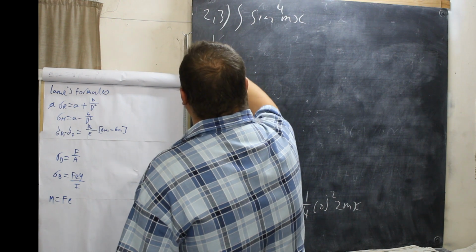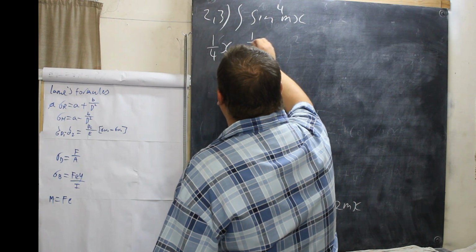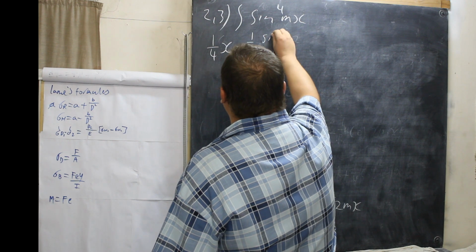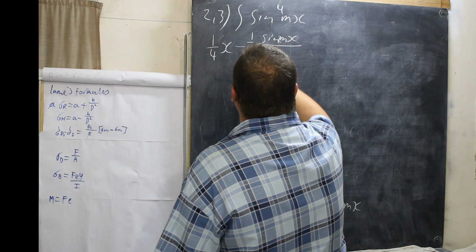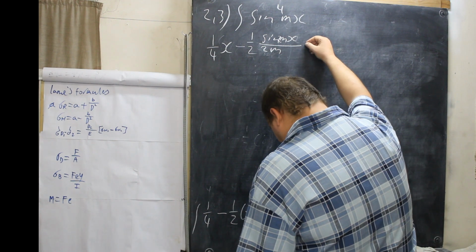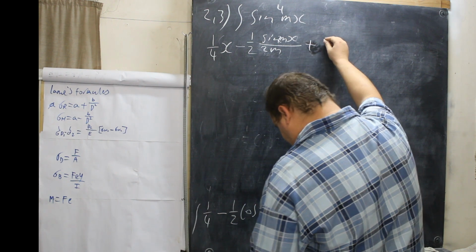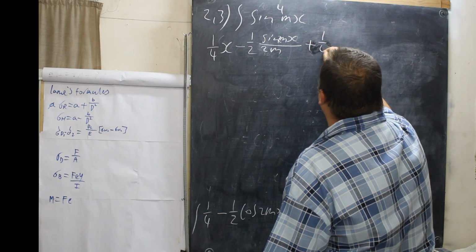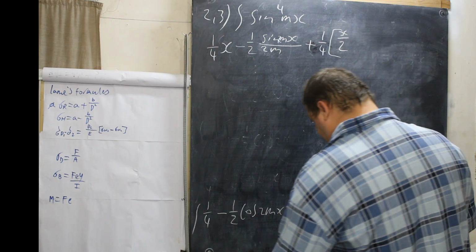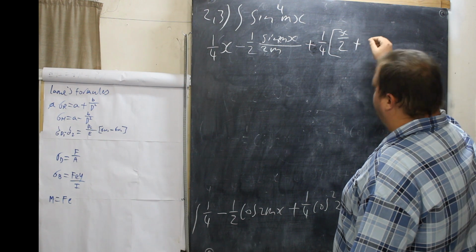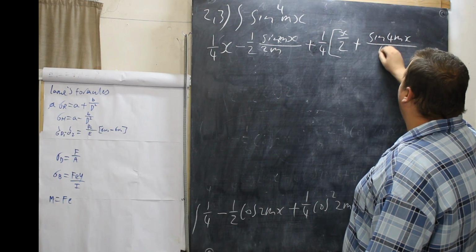So it is a quarter x minus a half, sin(2mx) over 2m, plus a quarter, open a bracket, x over 2 plus sin(4mx) over 8m.